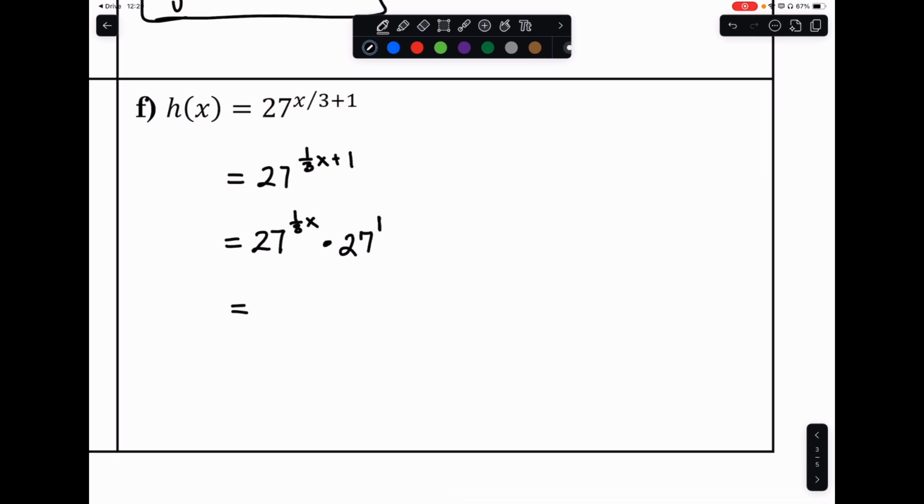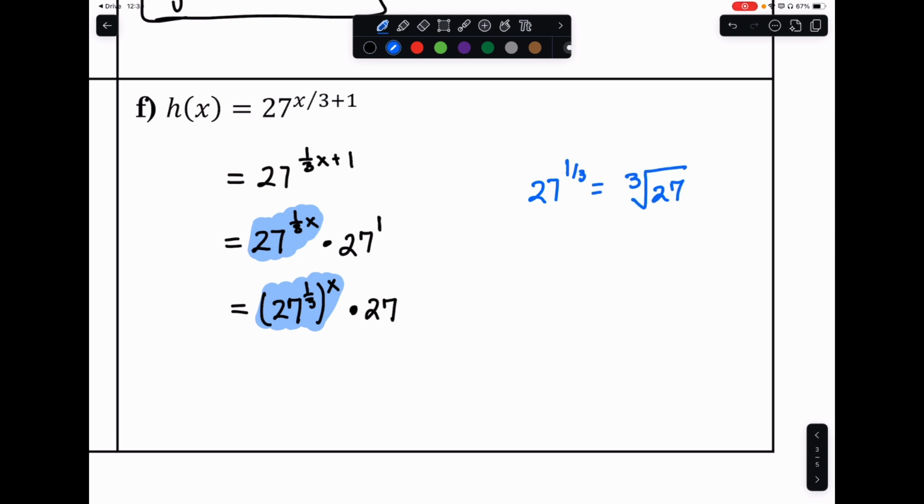Well, 27 to the 1/3 power to the x power, so all I've done is write this as that. And now times 27 to the first, that simply is 27. Now, 27 to the 1/3 power is the same thing as taking the third root of 27.